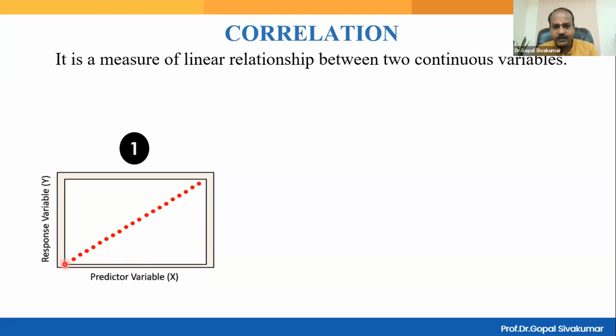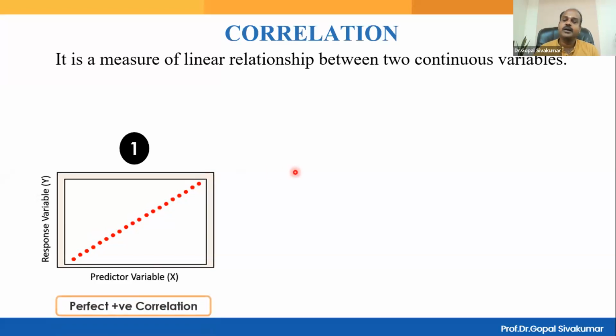See here, I keep on increasing the X. The Y values are indicated in red dots. Can you see that? When I keep on increasing X, what is your understanding about Y? Is Y increasing or decreasing? It seems to be increasing. I am increasing the X, moving to the right side, and Y is continuously increasing.